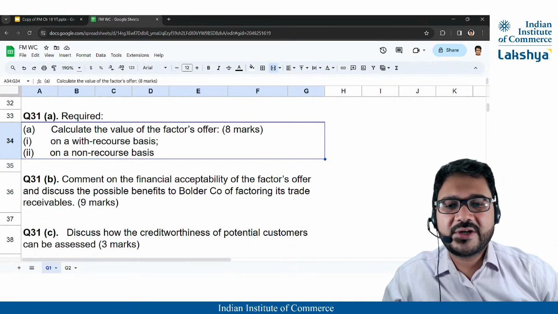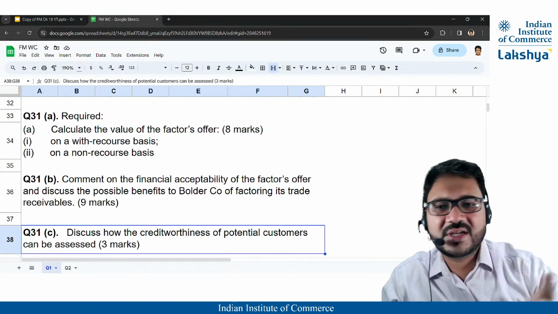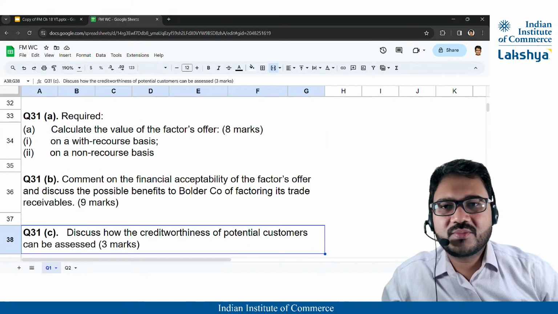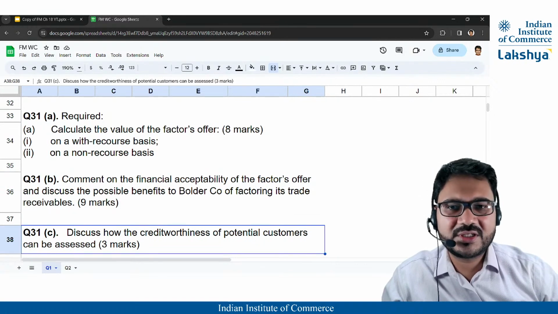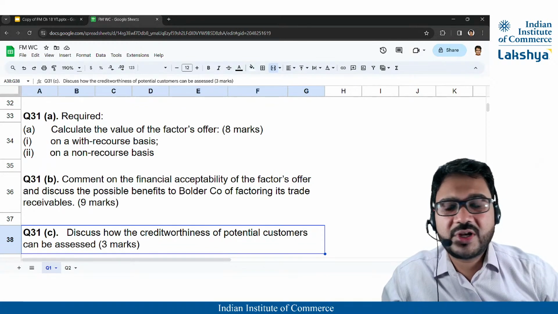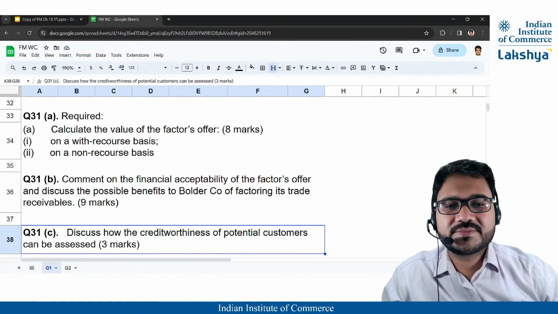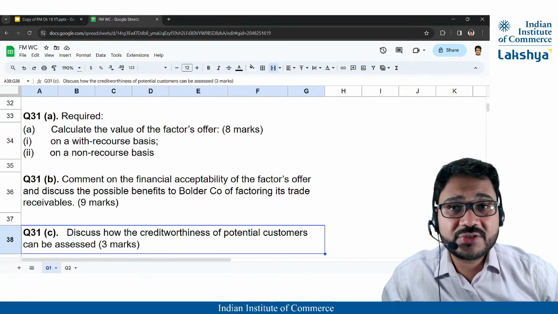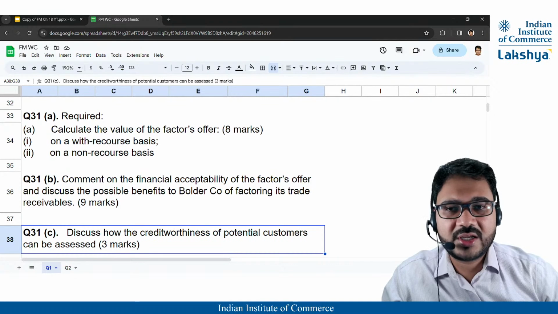And discuss how the creditworthiness of potential customers can be assessed. We just discussed all this in the theory. We discussed the benefits, and we discussed the creditworthiness part also, how to assess it. You look at trade references, bank references, your competitors, published information, credit rating agencies, all those people you can take information from.